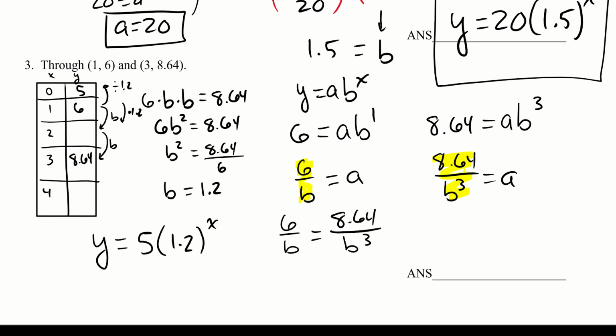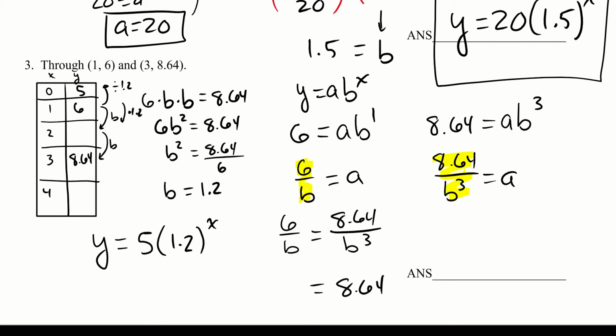So we could just go ahead and plop down b cubed on both sides. If I multiply both sides of this by b to the third, over on this side, it's just going to become 8.64. If you think about it, what am I doing? It's fraction busters, right? By multiplying both sides by b to the third, I get rid of the denominators completely.